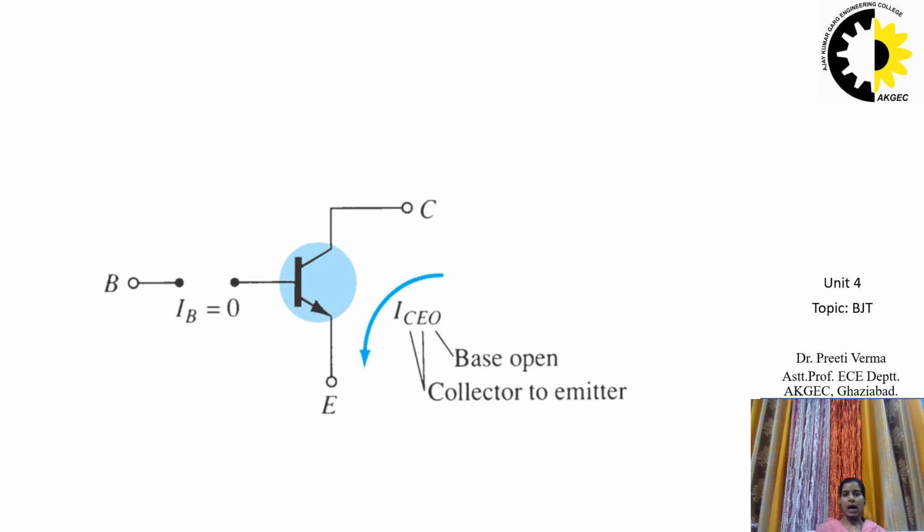Since ICEO is typically low in magnitude for silicon material, cutoff will exist for switching purposes when IB is equal to 0 microampere or IC is equal to ICEO for silicon transistors only.